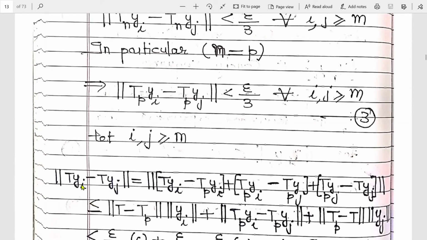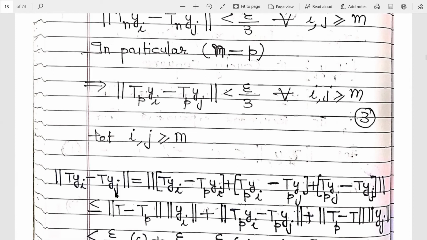Now, T y_i minus T y_j can be written in the following form. First subtract T_p y_i plus this, and minus this. Clear? Similarly, in the first part, add and subtract T_p y_i.